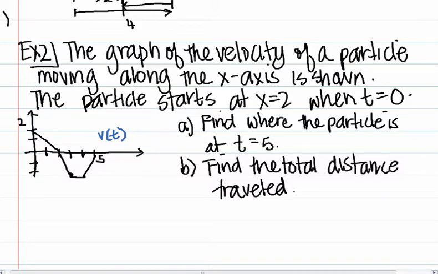So now to find where the particle is at t equals 5, you need to pay attention to the fact that it starts at x equals 2, and it's going to be moving to the right and then also to the left because the velocity starts out positive and it also goes negative.